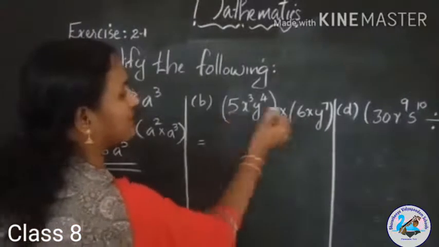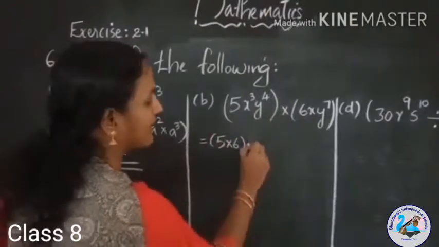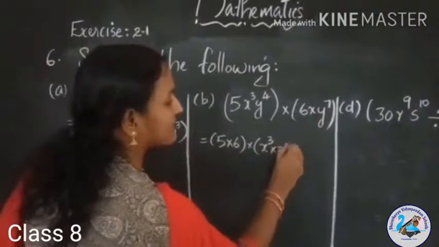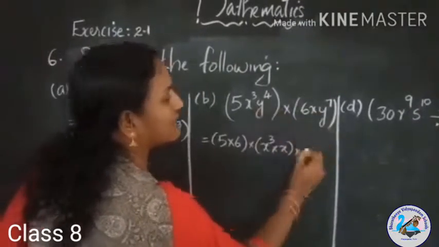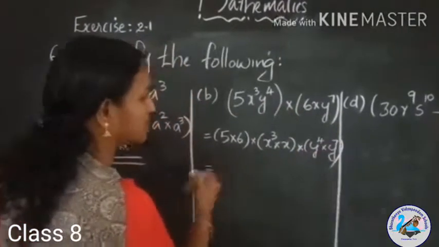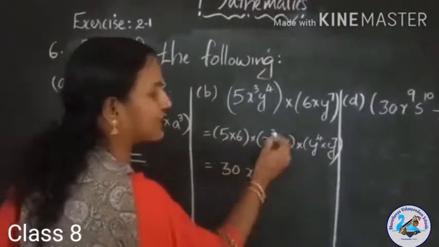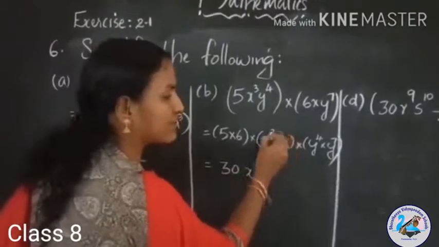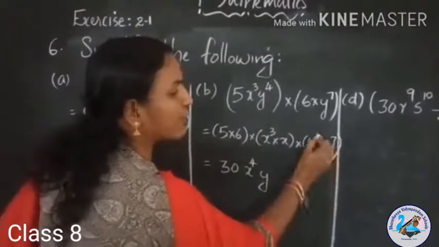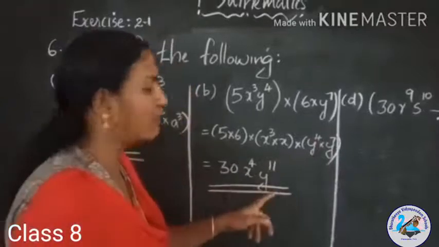The numbers 5 and 6 in one bracket, x cube and x in another bracket, then y raised to 4 and y raised to 7 in another bracket. 6 fives are 30. x raised to 3 and x raised to 1, so add the powers, 3 plus 1 is 4. y raised to 4 plus 7 is 11. So 30 x raised to 4, y raised to 11.